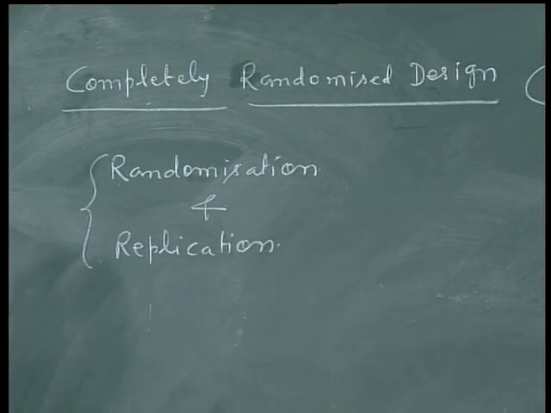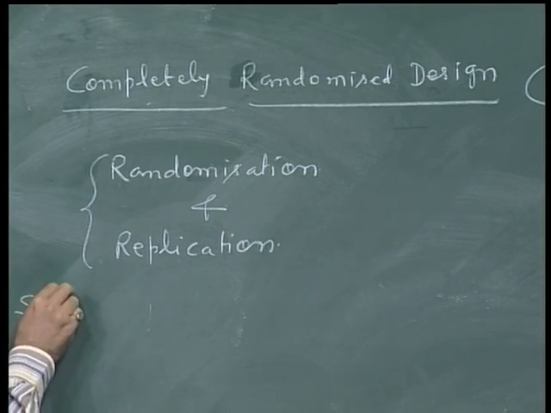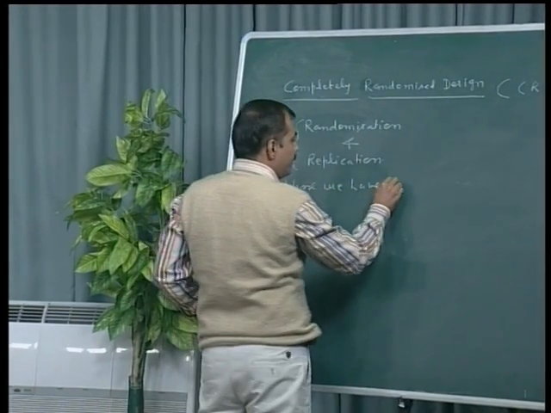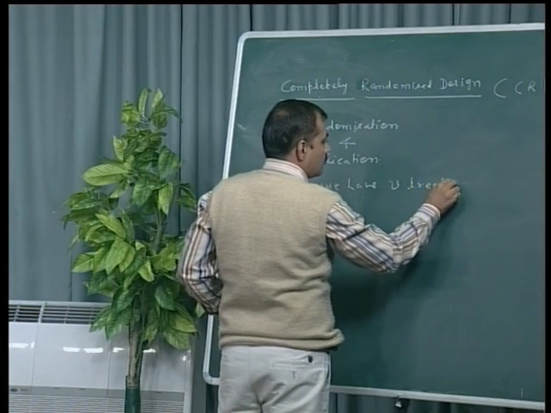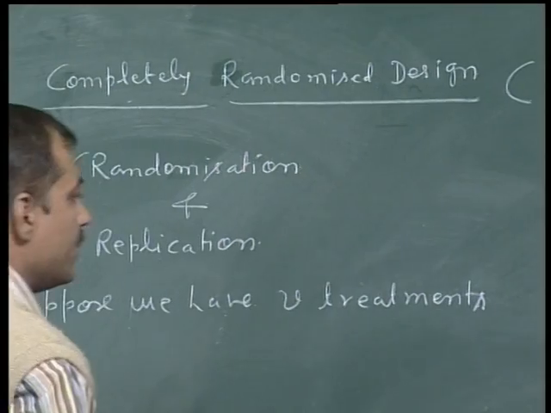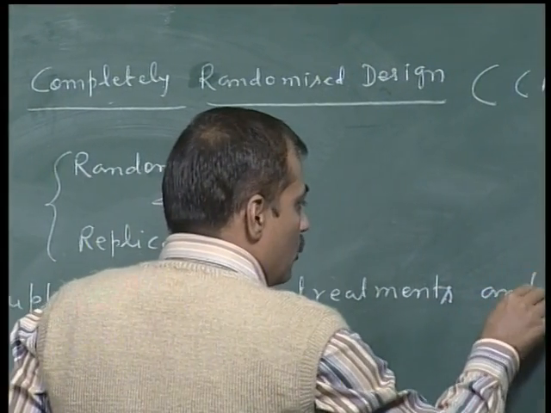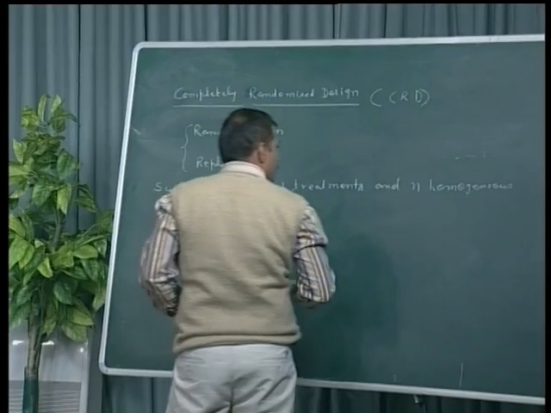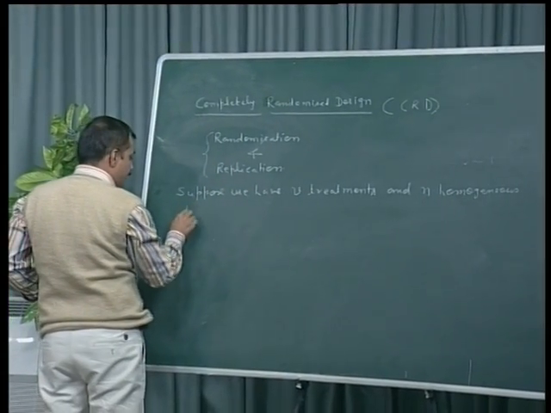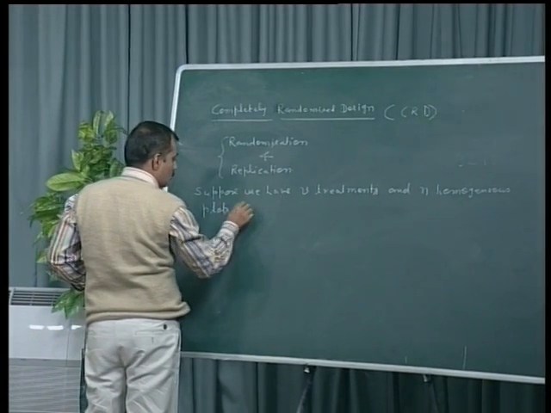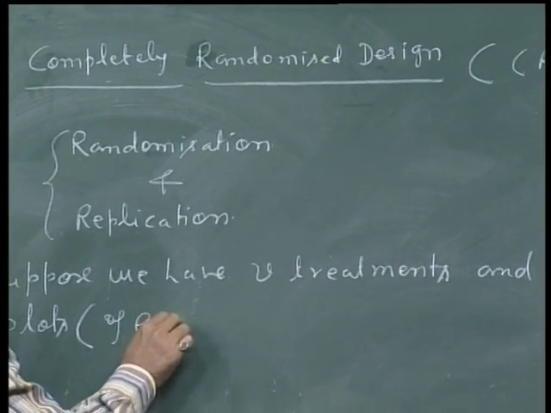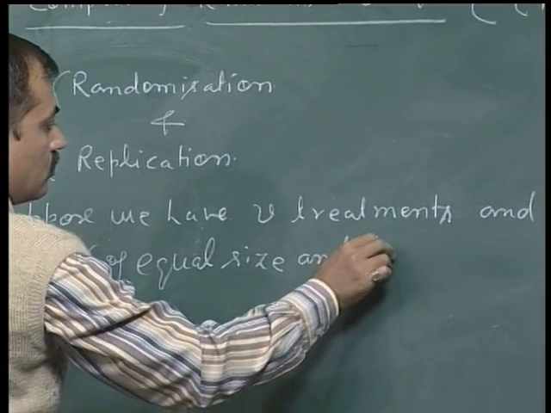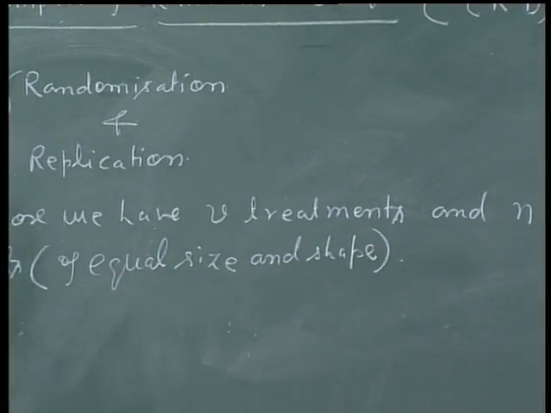Now suppose we have v treatments and homogeneous plots of equal size and shape.